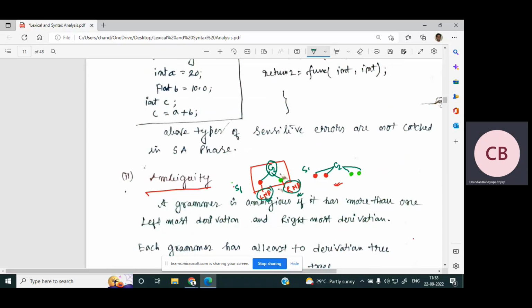Now again we have taken another string for that grammar, and you have obtained two LMDs, two RMDs, or even three LMDs, three RMDs. That means more than one LMD, more than one RMD. In that scenario, I cannot tell the grammar is not ambiguous. The grammar is definitely ambiguous.